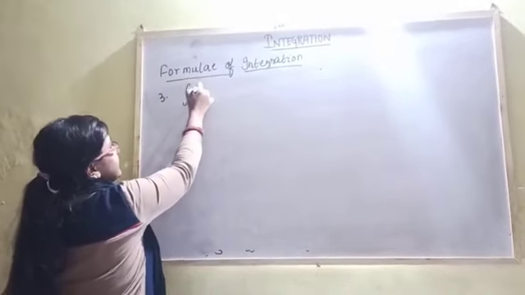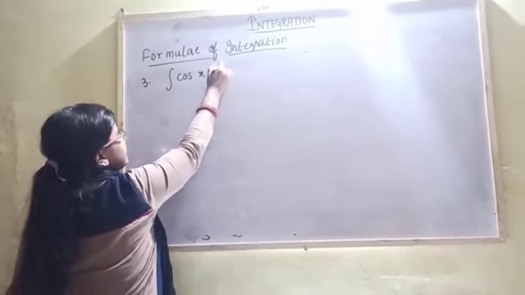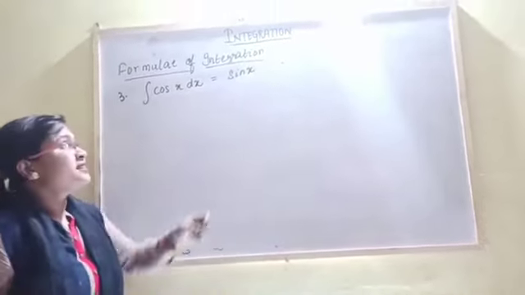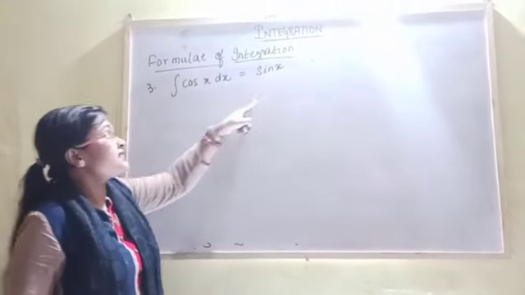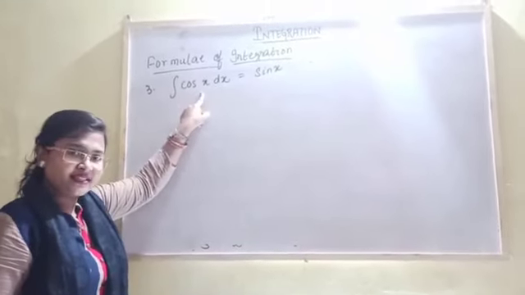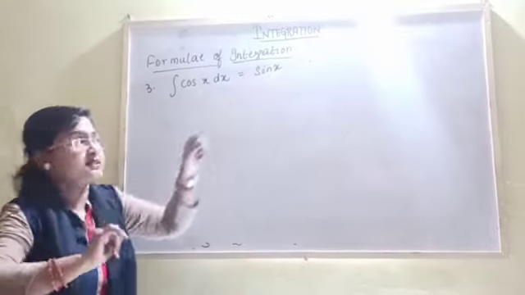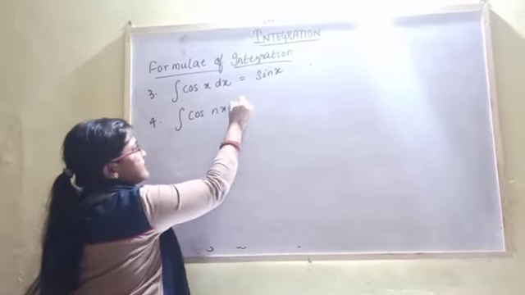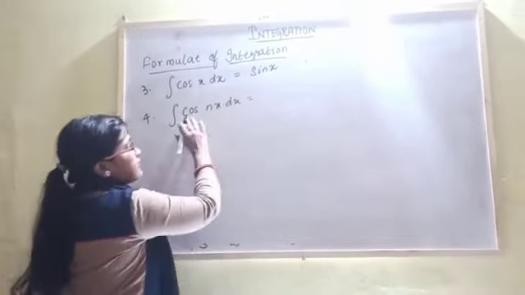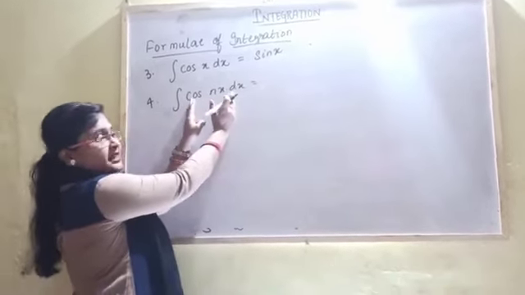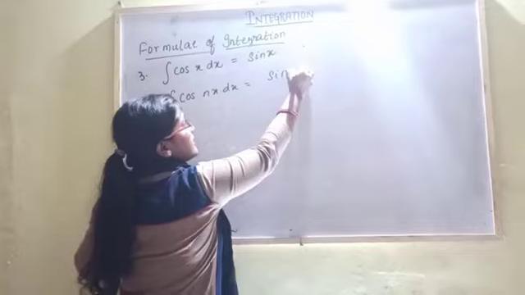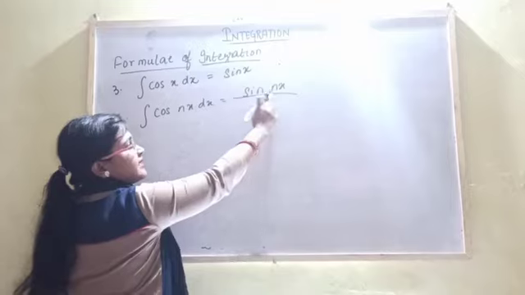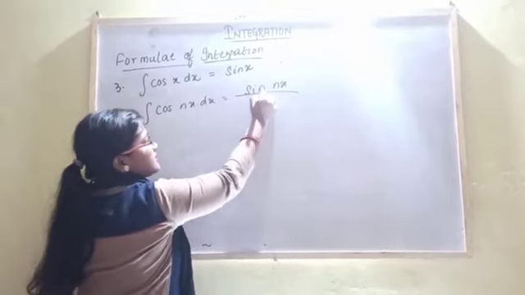Third formula is integration of cos x dx. This is sin x. Clear? Differentiation of sin x with respect to x is cos x. Integration of cos x dx is sin x. Just the reverse process. And if you are given cos nx dx, just like the sine function, the integration of cos nx dx is sin nx by the differentiation of nx, which is n.